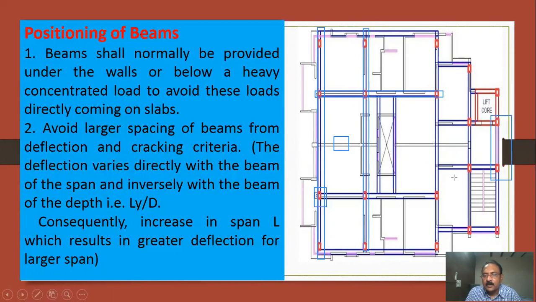Here there is no wall, so up to this point only we have the beam, not continuous. So the position of the beams is very important in structural drawing planning.